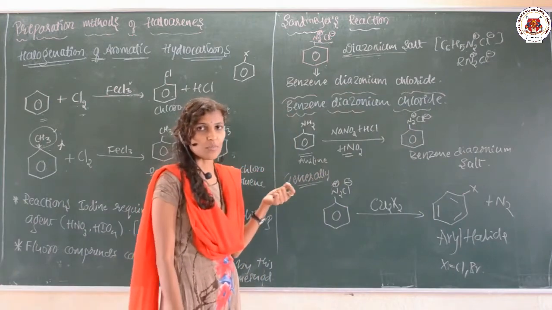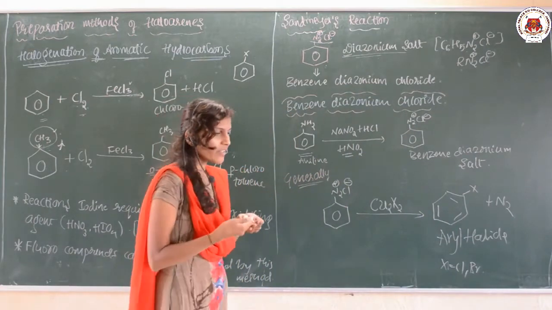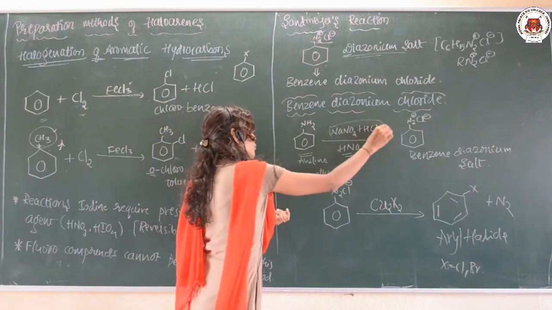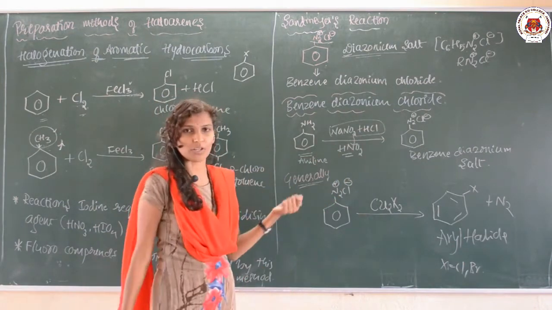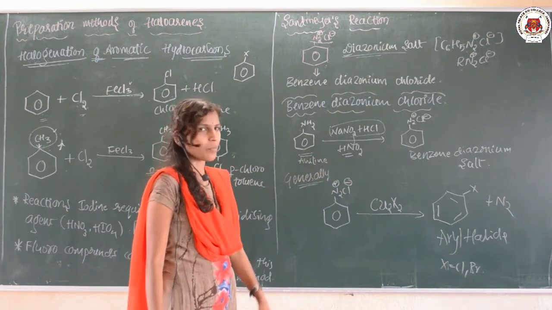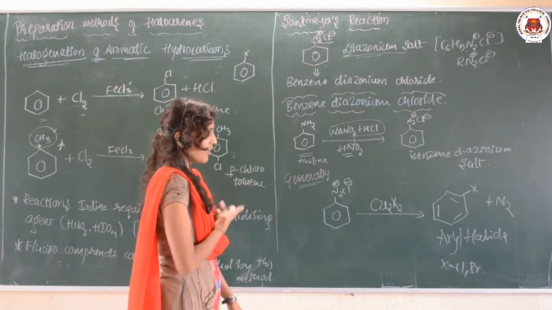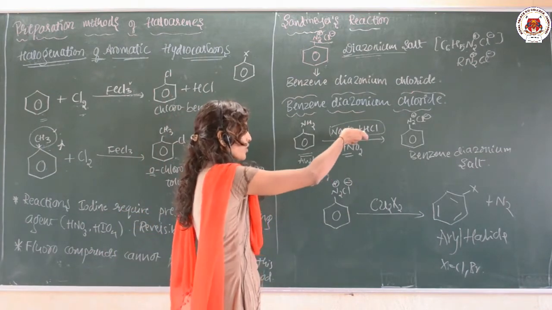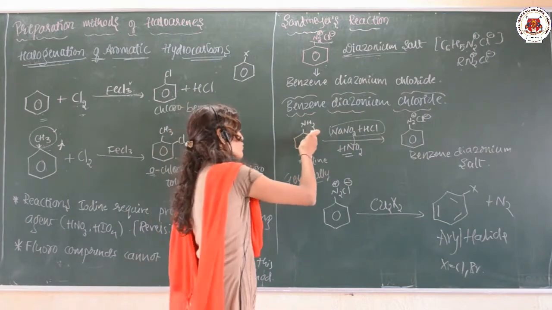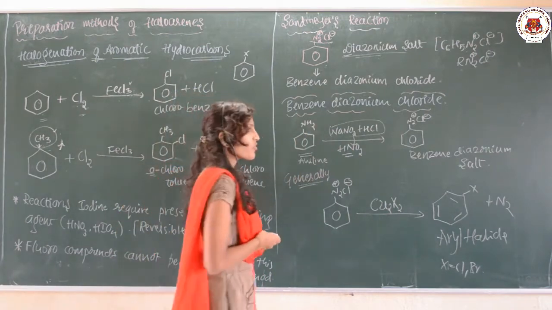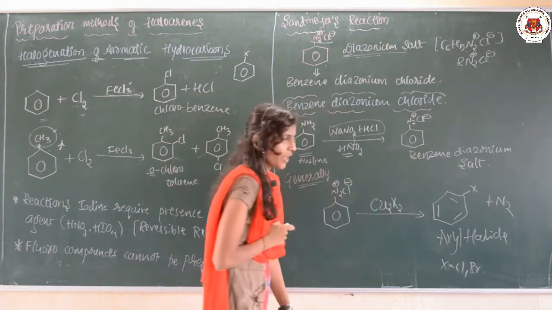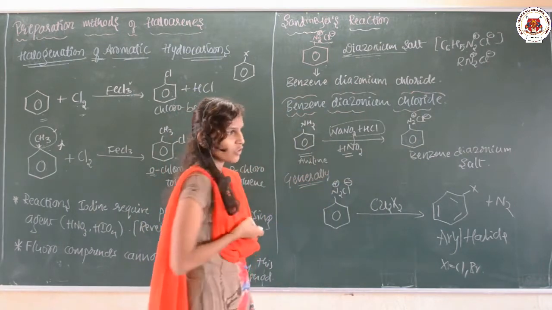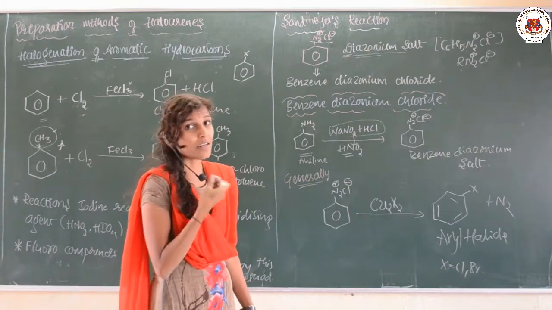Directly HNO2 cannot be added, because it is not stable, so we are taking the mixture of NaNO2 and HCl. This mixture forms the HNO2 which reacts with the aniline, and it forms benzene diazonium chloride. Clear? So this is the method of preparation of benzene diazonium chloride, which is our desired reactant.